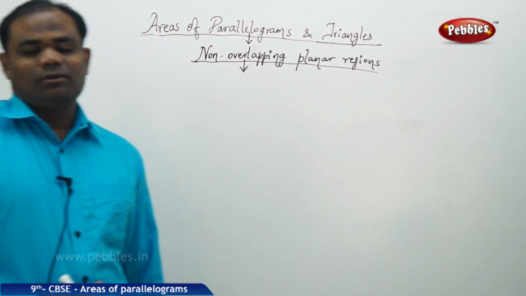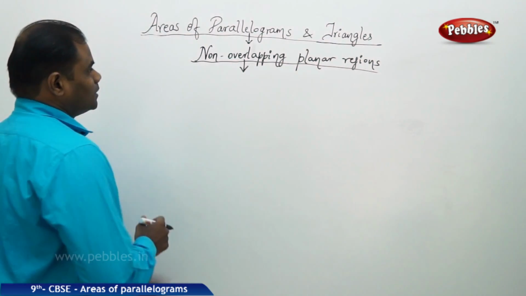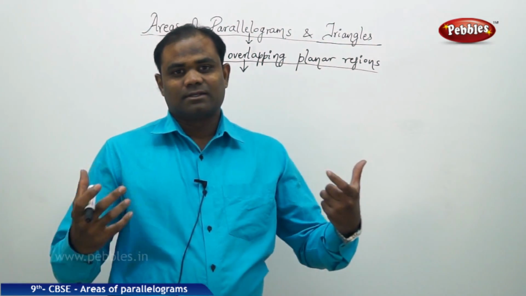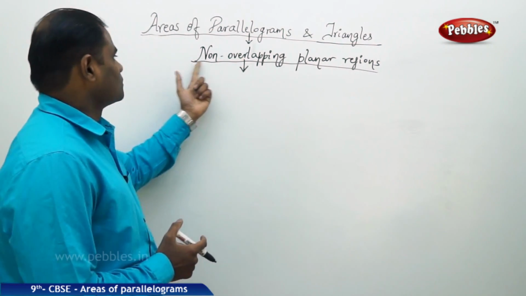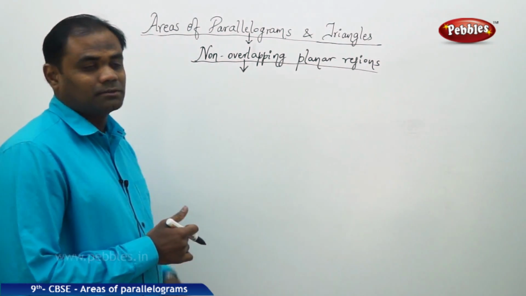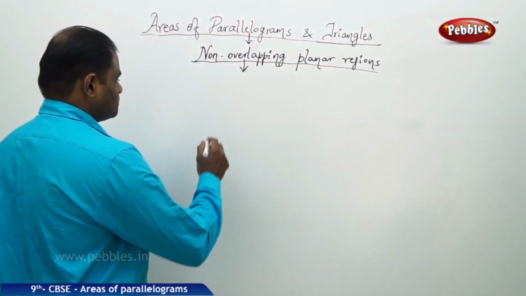Let's see what are non-overlapping planar regions. Here the word overlapping is in the sense of trying to join two planar regions without overlapping each other. So let's see in brief the non-overlapping planar regions.